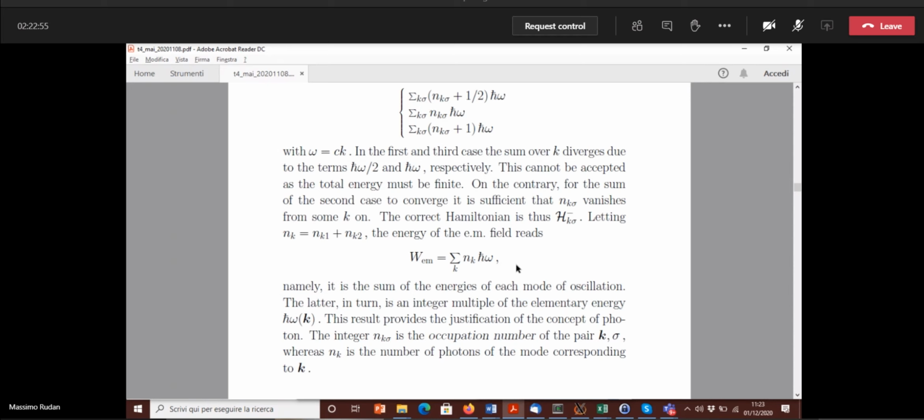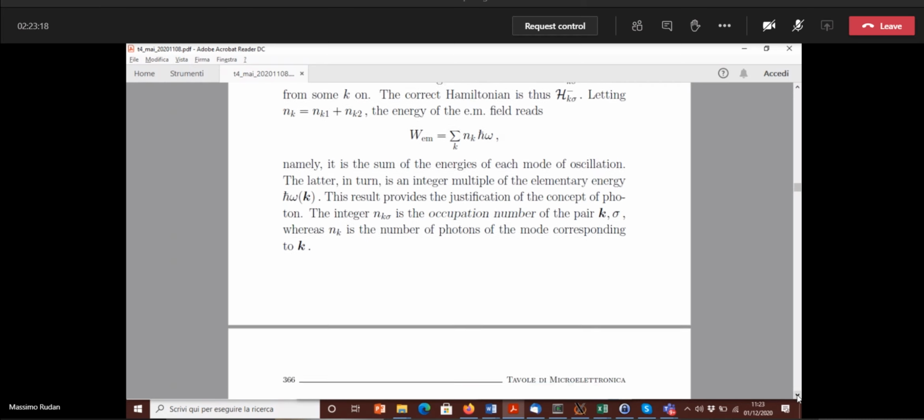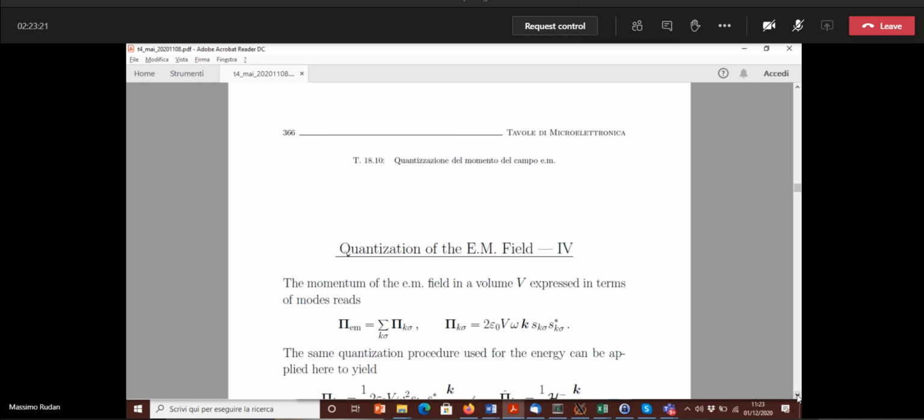By a very small addition, we can also find the momentum of the photon, because by a similar calculation that we shall not do, so I'm going to skip it again, we can also find an expression for the momentum of the electromagnetic field in classical terms, okay?